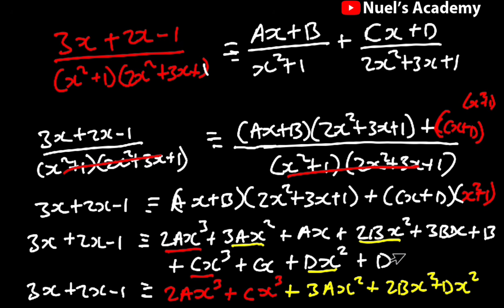Now for those with x only, we have ax, 3bx, and cx. So we have plus ax plus 3bx, then plus cx. And then for constants, I think we have only two constants, which is b and d. So let me just write it here, plus b plus d. Well, I've run out of space.